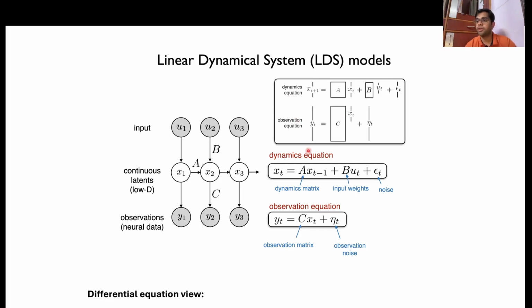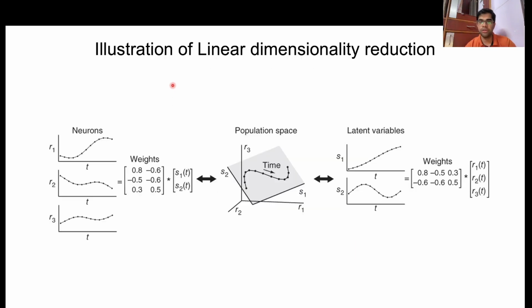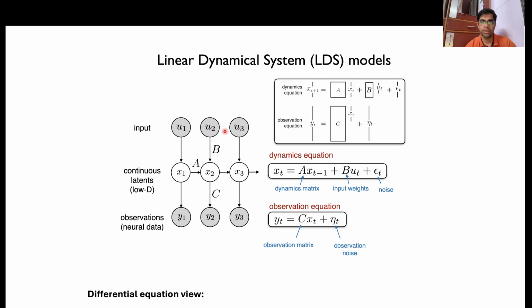so another way to see this is, this is a linear dynamical system framework. I have shown a very simple case, but in other cases you have some inputs. Let's say the stimuli come in a sequence, u1, u2, u3, and there are some latents, x latents, corresponding to each input, x1, x2, x3, and these are the observations.